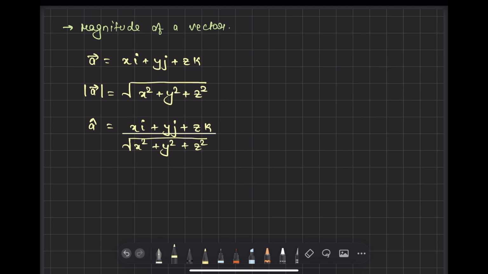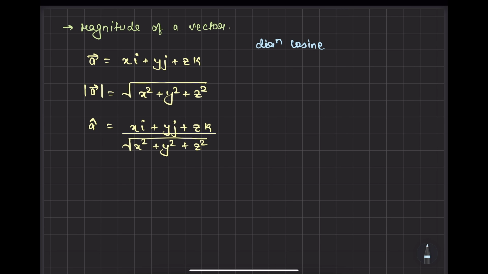Now we will understand this concept later as well. We have direction cosine and direction ratio. Now try to understand what is direction cosine.